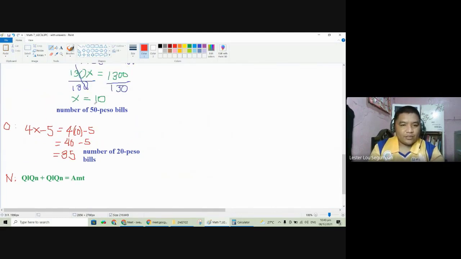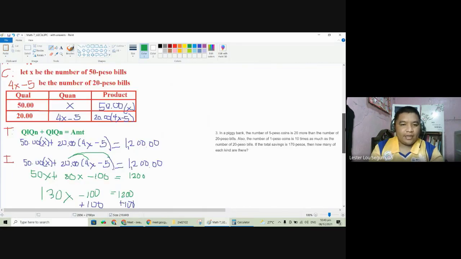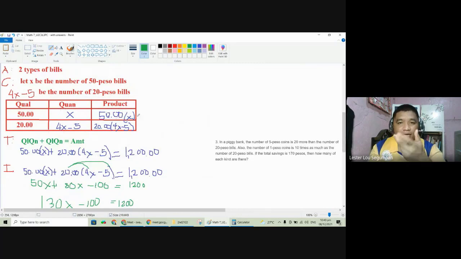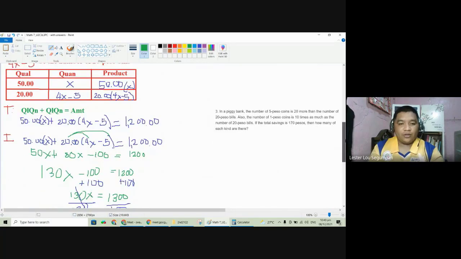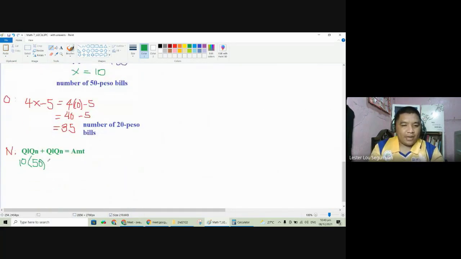So we have these two results here. There are 10 pieces of 50 peso bill. By the way, do not be worried if I have written it like this and earlier I have 50 first before x. Again, multiplication is commutative, so it is still okay. Plus the 35 pieces of 20 peso bills.